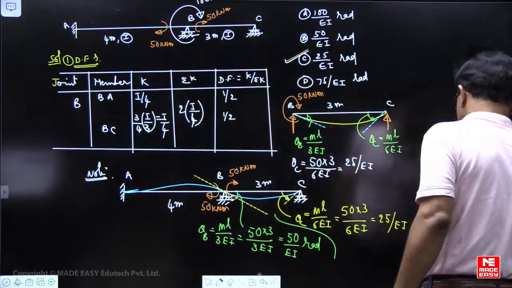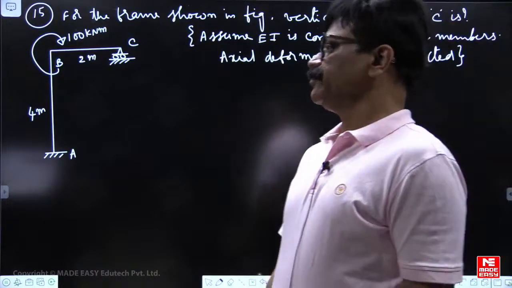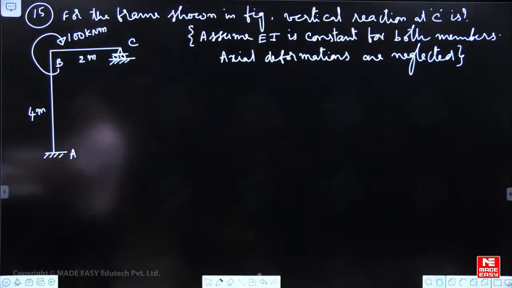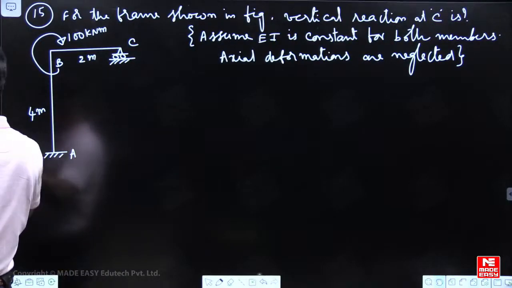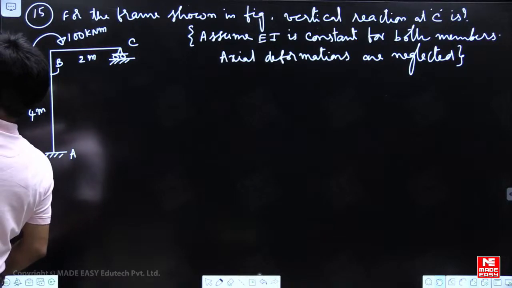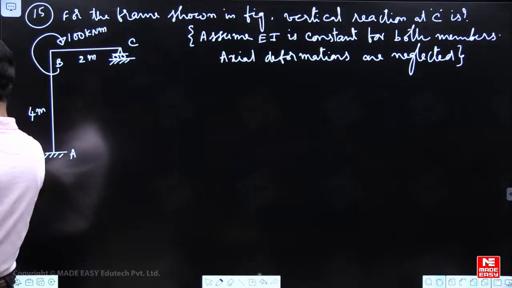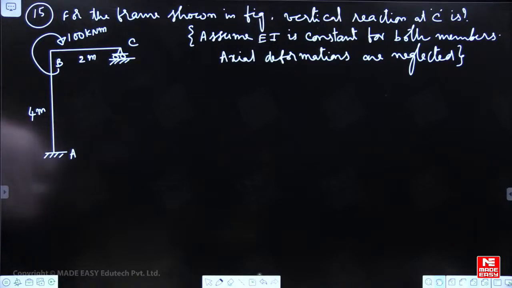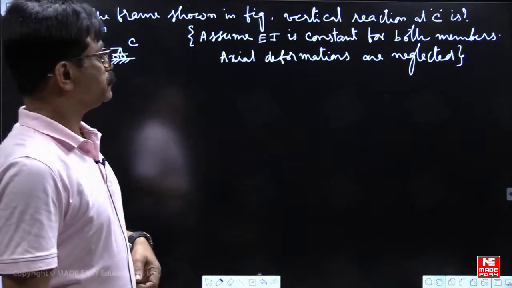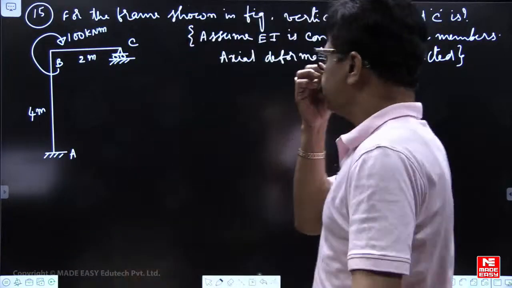Next, for the frame shown in the figure, vertical reaction at C is, which method do we have to use?